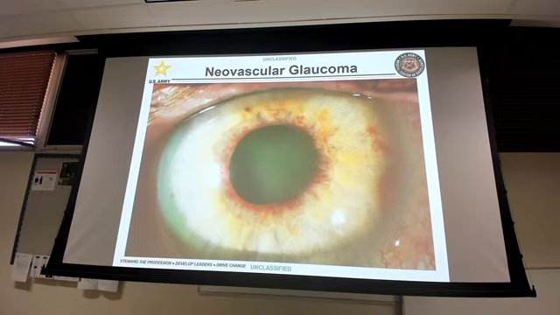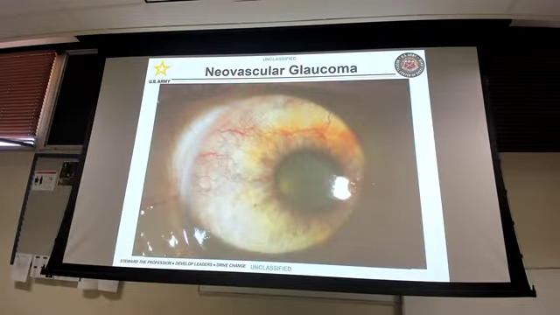Lighter colored eyes, super easy to see. Darker colored eyes, that might be a little bit more difficult. You can also have an extensive form of neovascularization that spans across the iris.